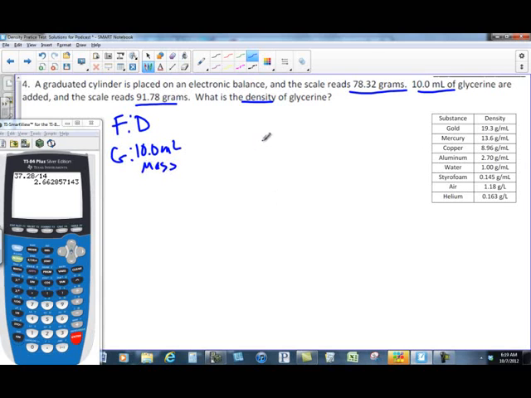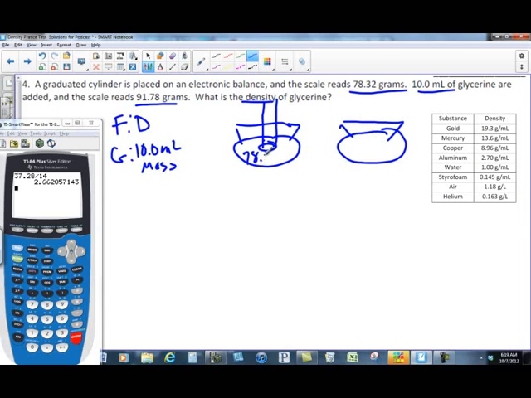So I have this balance that I put the material on twice, right? I'm trying to make this look a little bit like a balance. I put the graduated cylinder on it all by itself, and it weighs 78.32 grams.